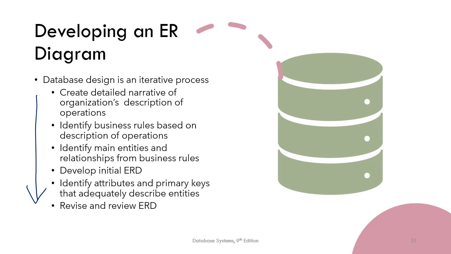From the business rules, you can then identify the entities and their relationships. After that, you can draw the ERD. After drawing, you can also identify the attributes and primary keys that are relevant to their company. So this is your project activity.